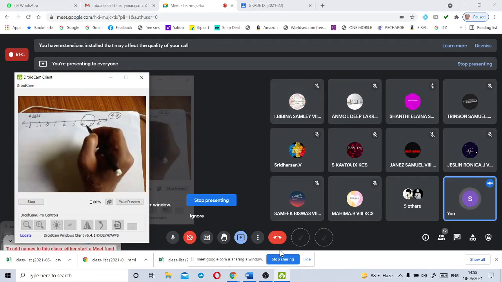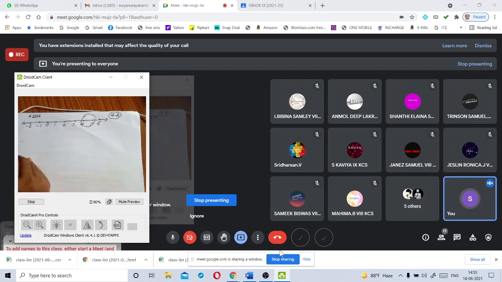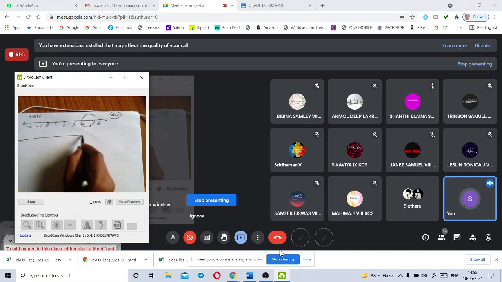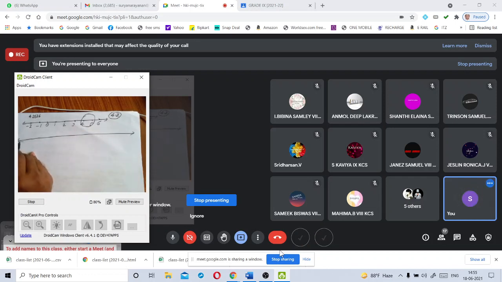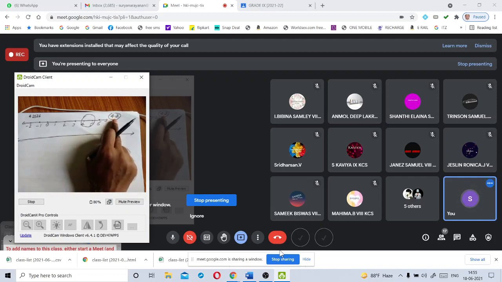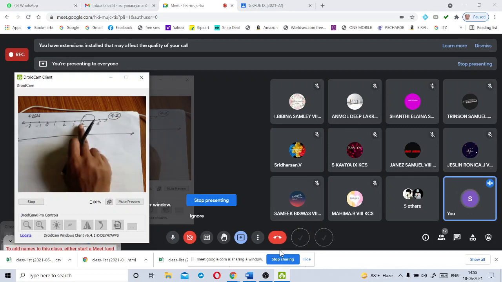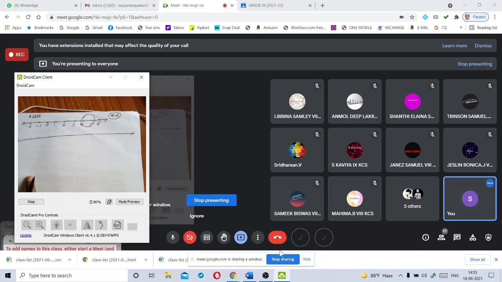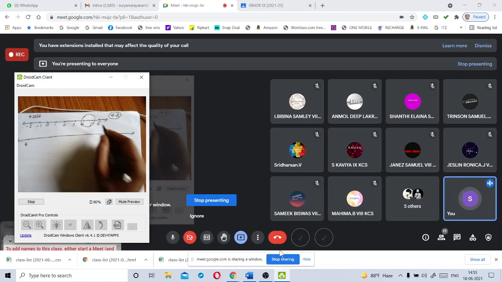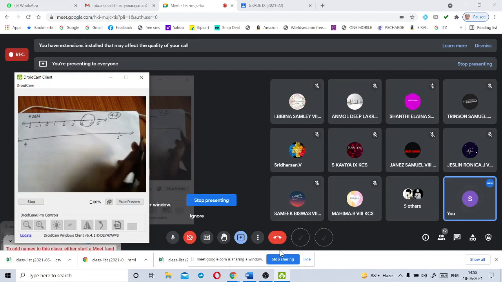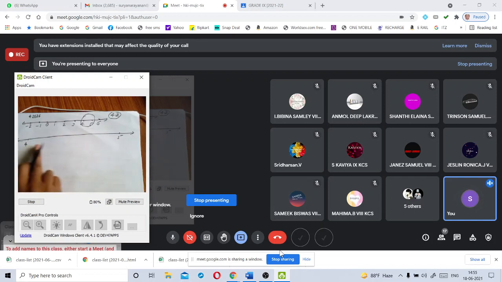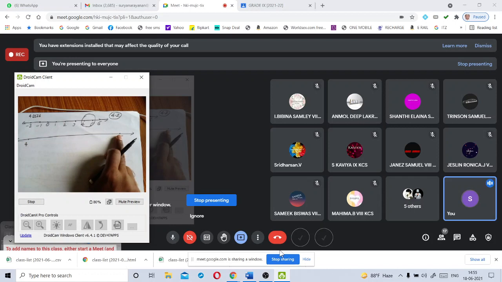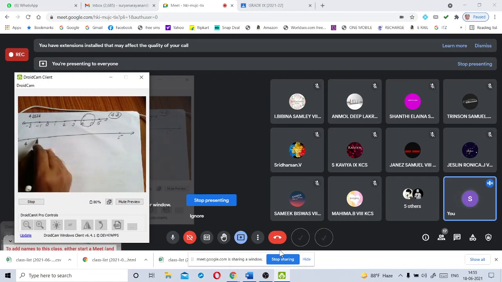So we have to magnify this area. Okay, my children. First of all, you have to write this number, then you can identify between which numbers that real number lies. Here I will write 4 at this end, and at this end we write 5. Now we have to divide this line into 10 equal parts.